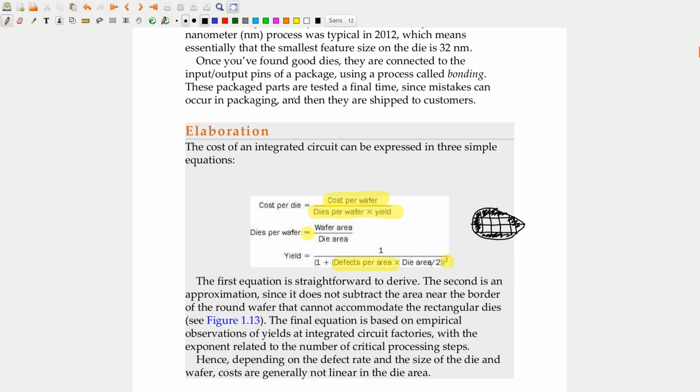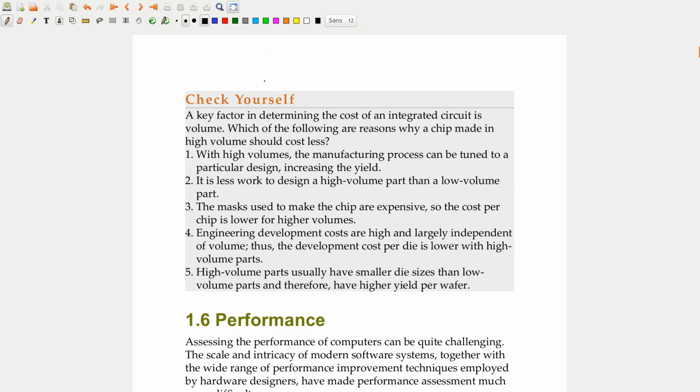Okay, so let's move on. Check yourself. With high volumes, the manufacturing process can be tuned to a particular design, increasing the yield. Which of the following are reasons why a chip made in high volume should cost less?